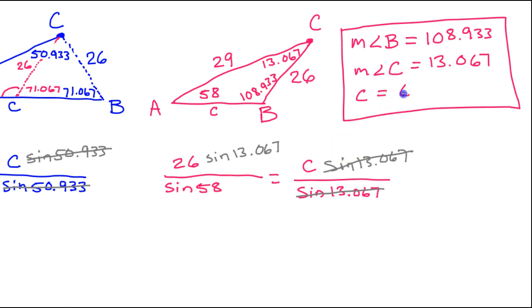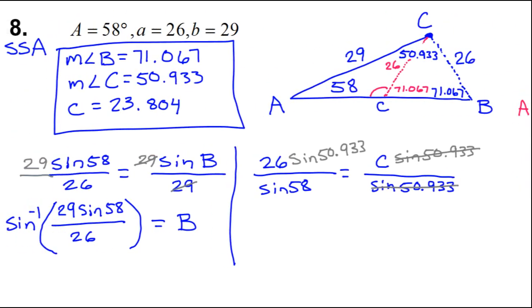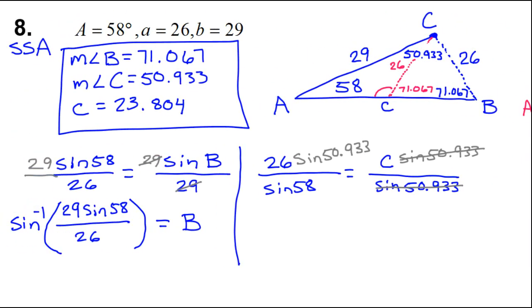So I'm seeing 6.932. And that is the solution of the red triangle. So we had two solutions for problem number 8. We had the solution of this red triangle, and we had the solution of the blue triangle.